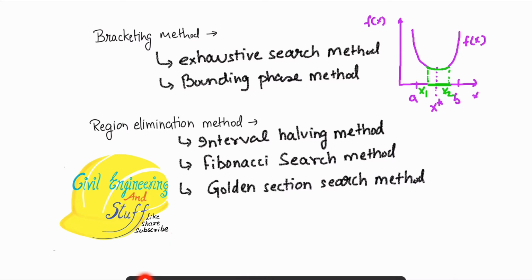After this, we studied the region elimination method, and in this we started with the discussion of the fundamentals of the region elimination method. In the bracketing method, we had defined that the minima of the function will lie in the range of x1 and x2.